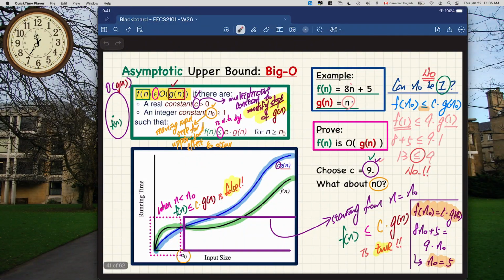And that's the formal definition you will see in any standard textbook for algorithms or data structures, right? So if you want to show that f of n is a member of the family for g of n, big O, you have to choose two things to really show it.